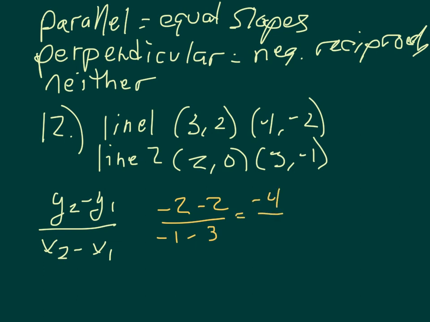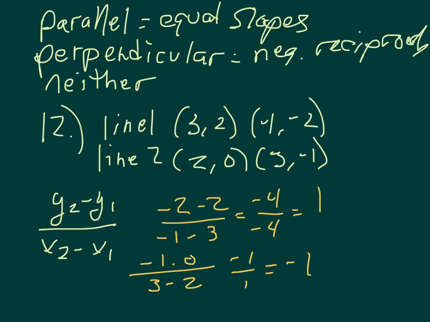Negative 1 minus 3 is negative 4, which all ends up being positive 1. Let's do line 2 now. So I have negative 1 minus 0 all over 3 minus 2. Negative 1 minus 0 is negative 1. 3 minus 2 is 1. Negative 1 over 1 is negative 1.